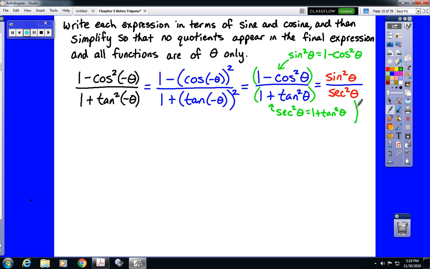Now, the only problem with that is that secant squared, we still have a fraction. So we need to apply one more set of stuff here. We need to say, oh, well, secant, that's 1 over cosine. Which means I can rewrite this again. We'll leave the sine squared alone and replace the denominator with 1 over cosine squared.